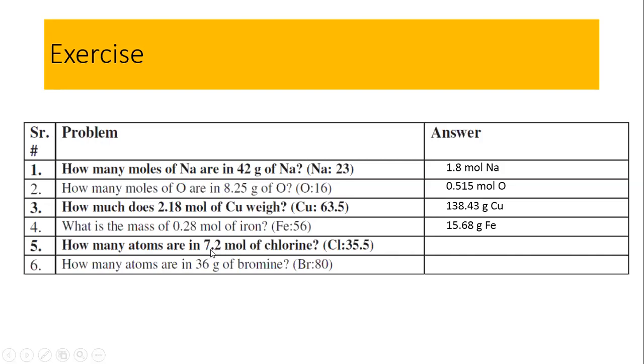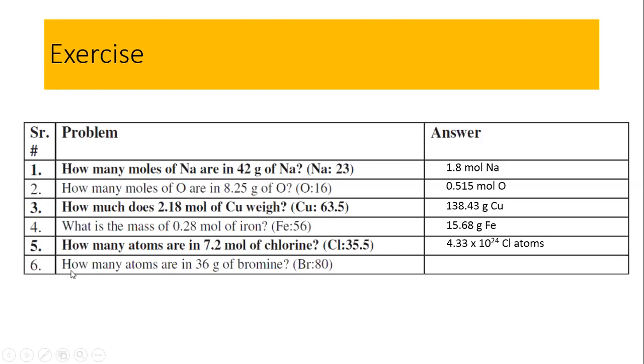So how can you convert the number of moles to the atoms? Because 1 mole will be equal to 6.02 exponent 23 atoms. So you just have to multiply the Avogadro number with the 7.2, and this will give you the value of chlorine atoms. So just multiply 7.2 with the 6.02 exponent 23.